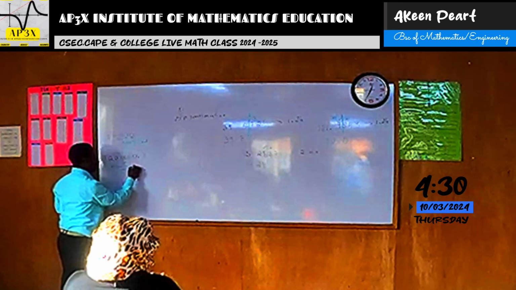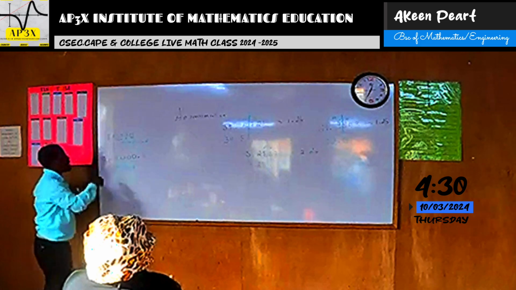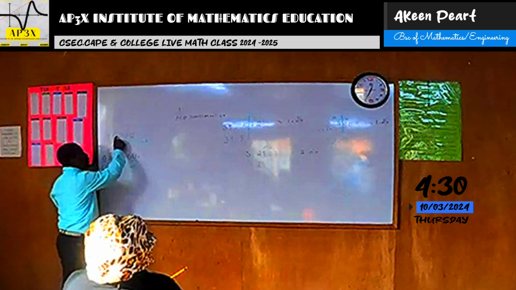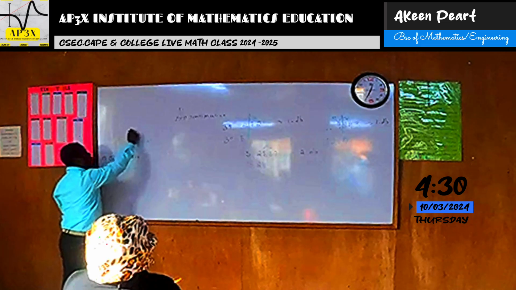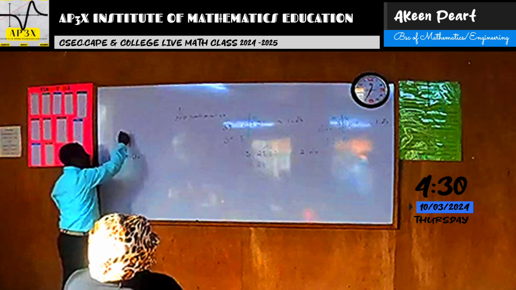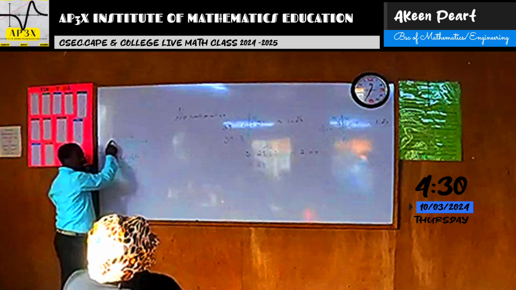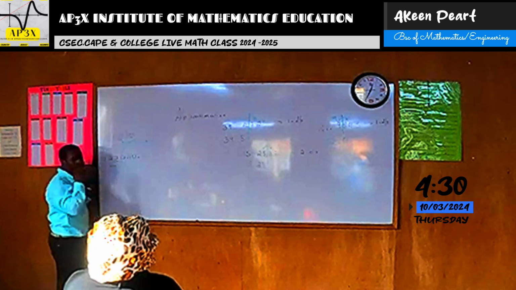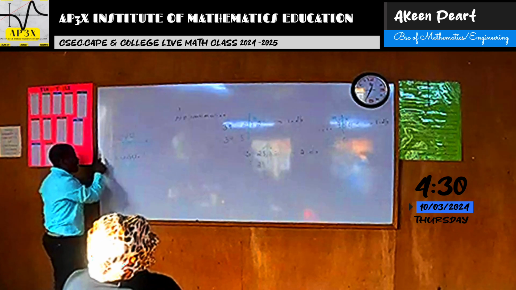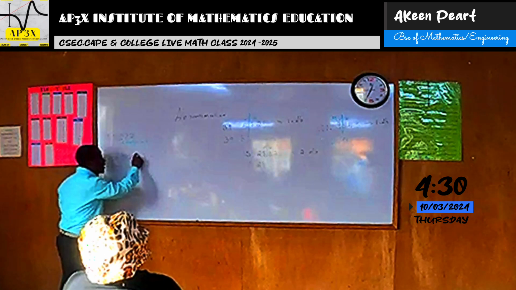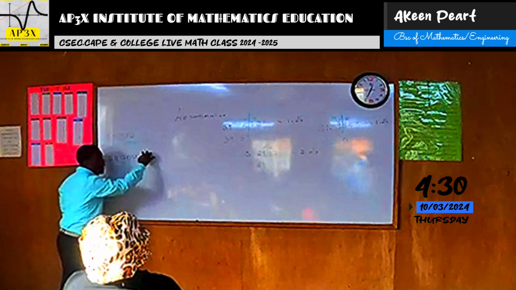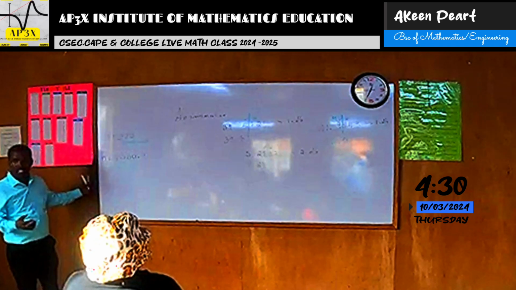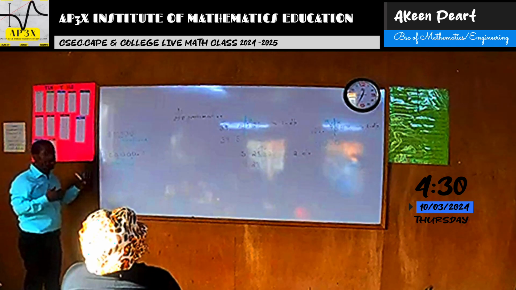So then how are we going to know if it's significant or not? It's evident that if a zero or zeros comes after a digit that is not a zero, then they are significant. However, if a zero or zeros comes before a number that is not a zero, then it's insignificant.